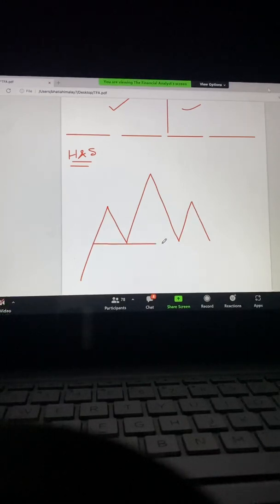This level over here, from where the market has been bouncing, is known as your neckline. Now over here, the right peak is known as the right shoulder, the top peak is known as the head, and the left peak is known as the left shoulder. So this is just the basic anatomy of the head and shoulder.